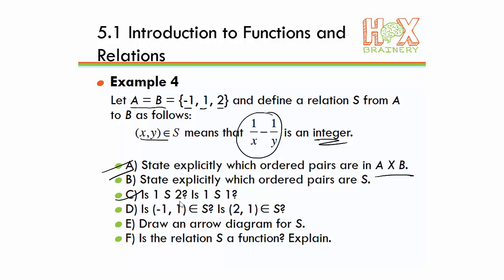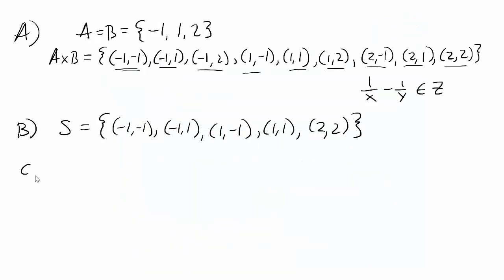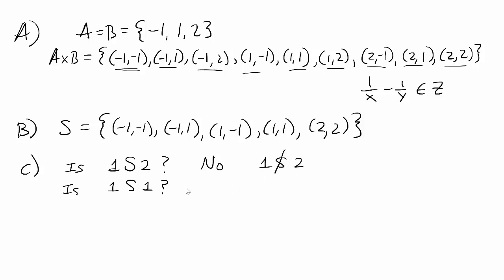And then part C is kind of just getting used to the notation. Is 1 related to 2, and is 1 related to 1? So the first one, no, because there's no ordered pair 1, 2 in relation S. So 1 is not related to 2. You can put a slash through it. And then 1 is related to 1?